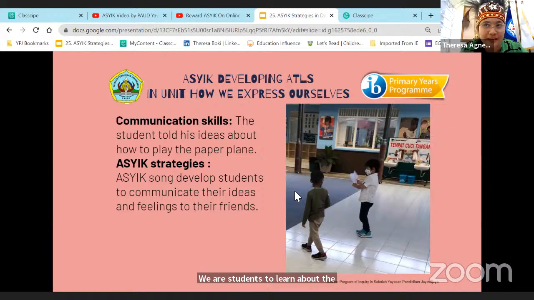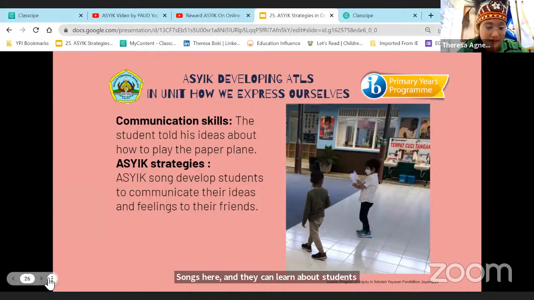So how they can express their ideas about, for example, how to make a paper plane, and explain to their friends. And the ASYIK song can help them to develop their thinking and their communication skills to interact with their friends by using ASYIK songs here. And they can learn about their friends' feelings.